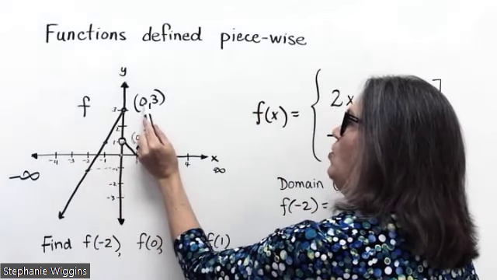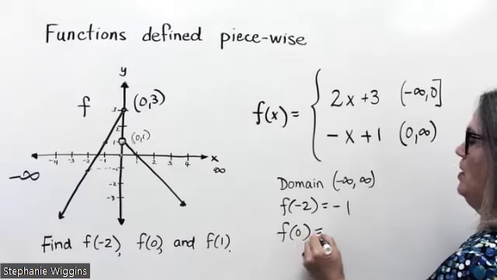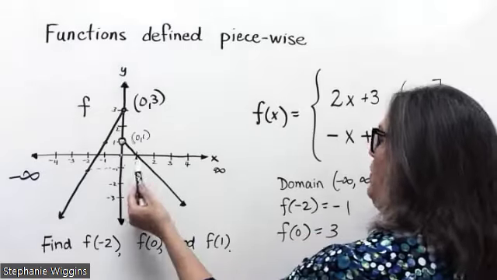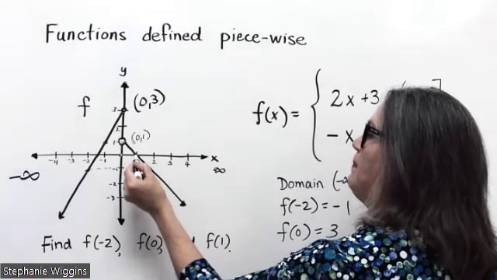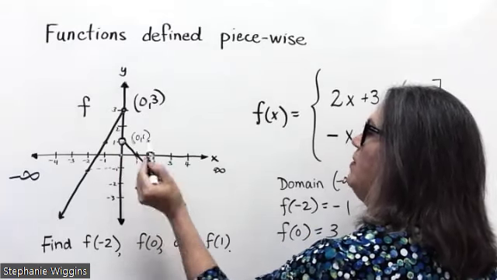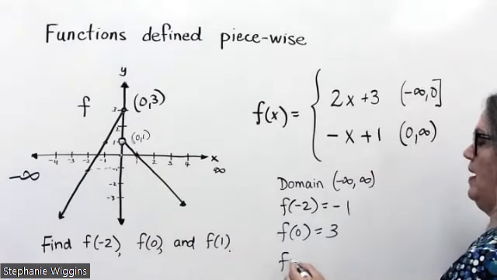So f of 0, plugging in 0 gives us 3. So f of 0 equals 3. And then finally, when we calculate f of 1, we're right here for x equal 1, and it happens to be on the x-axis. The line intersects the x-axis right there. So that's the x-intercept, and the y value then is 0.